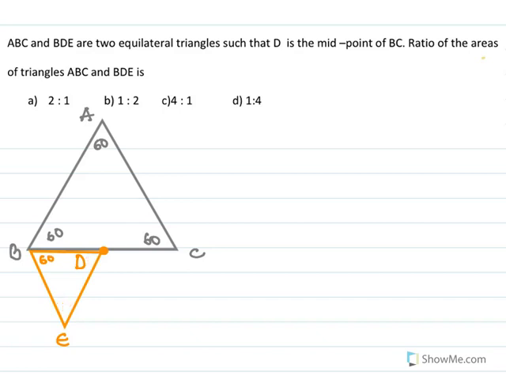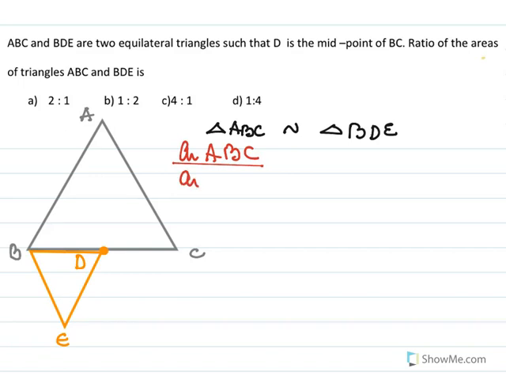So these triangles are equiangular. All the angles are 60. So we can say the triangles are similar. So we have triangle ABC similar to triangle BDE. If that's the case, we can use the property of similar triangles. That means area of ABC over area of BDE will be BC over DE, or even BD, because all the sides are equal, whole square.